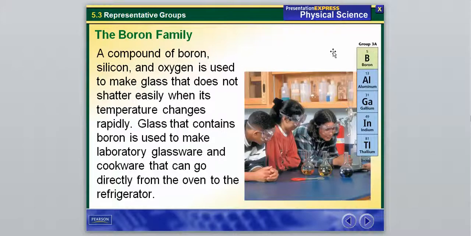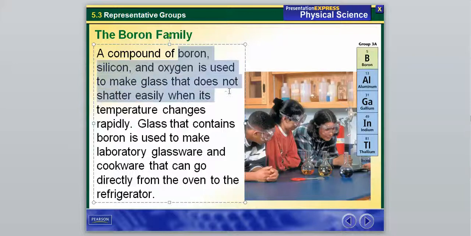So now, boron. It's called the boron family, so they're going to talk about what it is used for as well. When they combine boron with silicon and oxygen, it's used to make glass that does not shatter easily when temperature changes rapidly. So glass that contains boron is used to make laboratory glassware and cookware that can go directly from the oven to the refrigerator. Sorry about that, I got a little lost there.